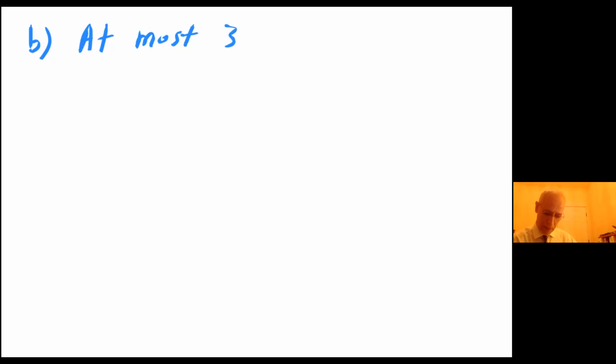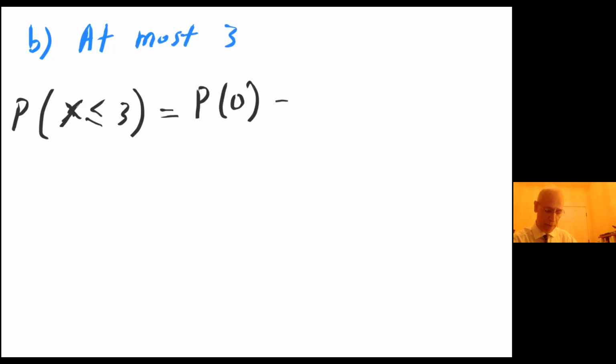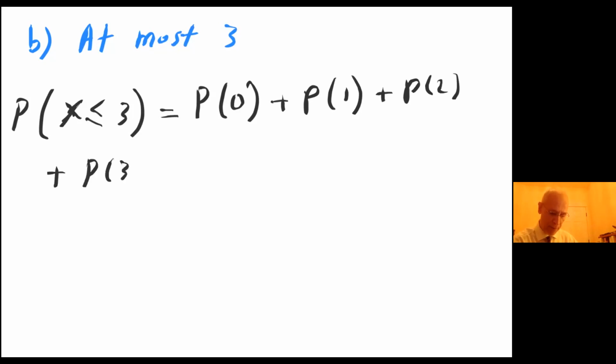So I'm going to claim that probability of X smaller than or equal to 3 equals probability of having no error plus probability of having 1 plus P of 2 plus P of 3.